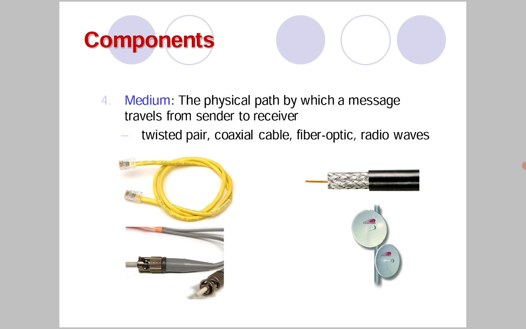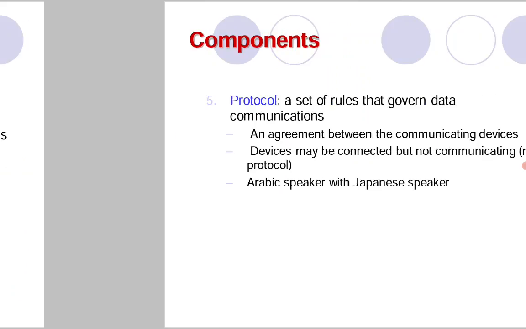All these are wireless media also. Examples of physical media are twisted pair cables, copper cables, coaxial cables, fiber optic cables, radio waves. All these are the different types of media used in the data communication process to transmit data. So what are the media used? Twisted pair cables, coaxial cables, fiber optic cables, radio waves.